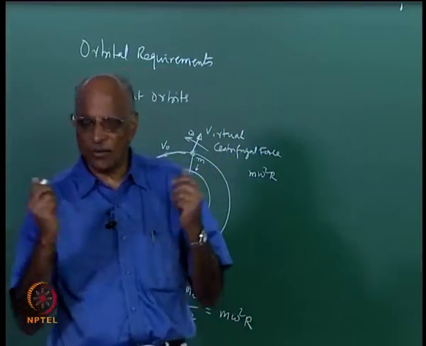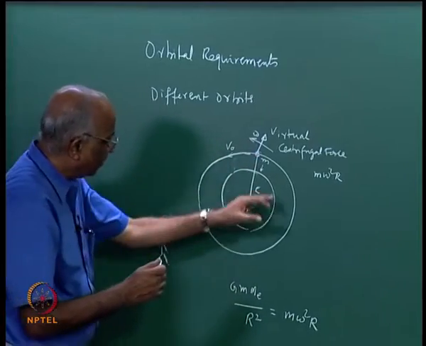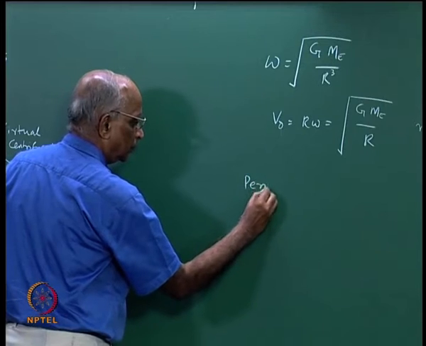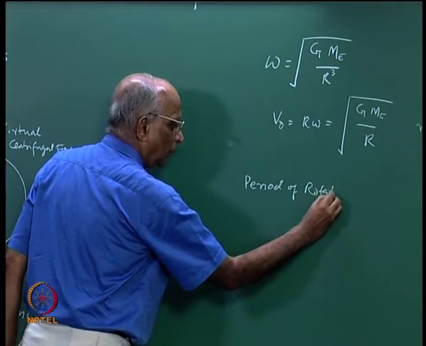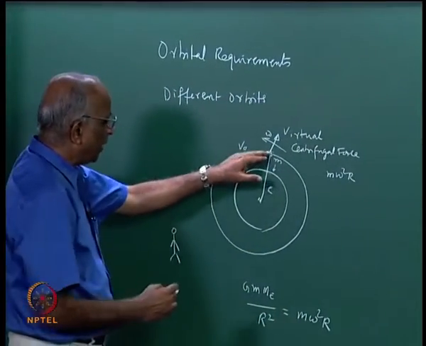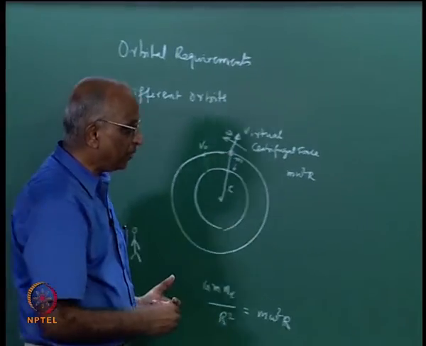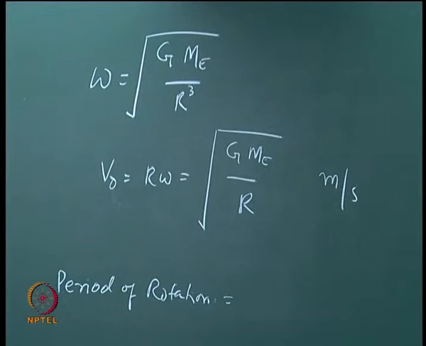Now we go one step further and ask ourselves, supposing this body is rotating, what is the period of rotation? What do you mean by a period? It is the time taken to complete one rotation. It travels through 360 degrees or 2 pi radians.